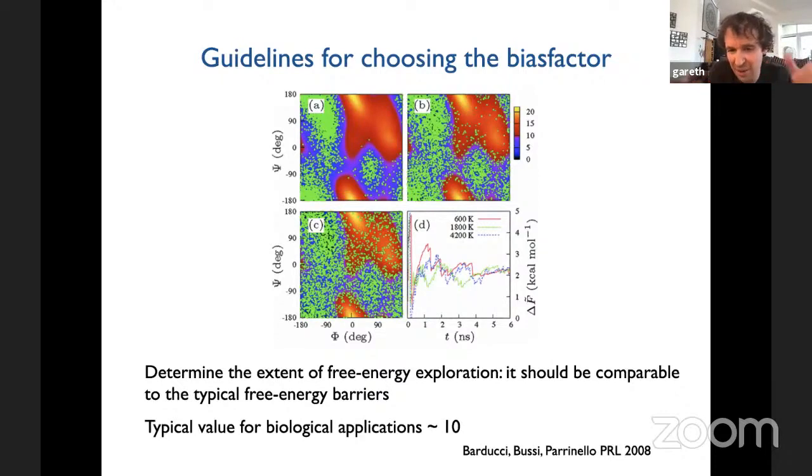You can see you get out the same free energy from all these different simulations in the regions where you can actually calculate the free energy. But the exploration is different. As you increase the bias factor, you're getting more exploration of that free energy landscape. But as I said the first time, usually a value between 5 and 10 will do the job for most biological applications.